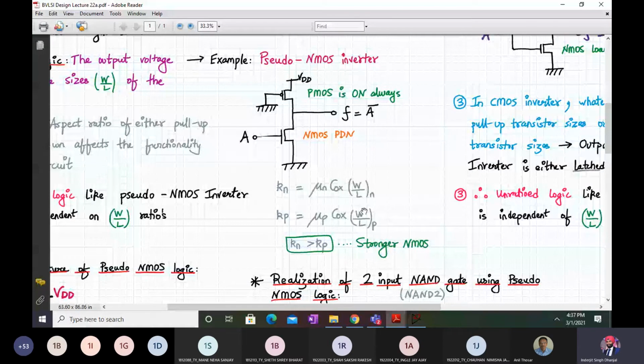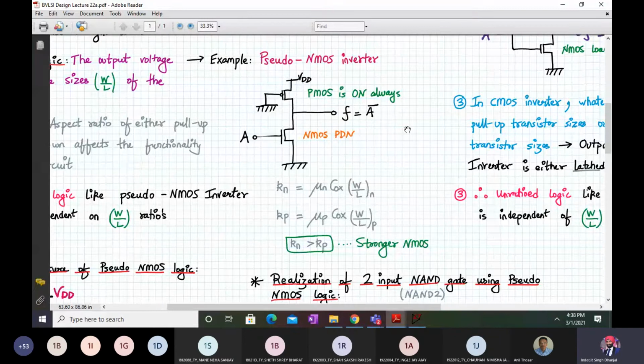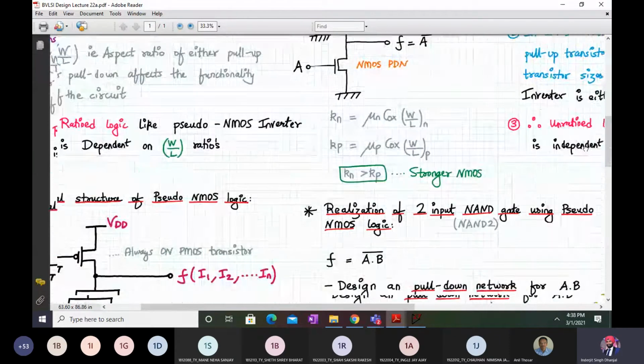Since mu and Cox are constant, your Kn and Kp are heavily dependent upon the aspect ratios or the W by L ratios of the individual transistors. Okay, so we have to keep Kn greater than Kp. That means we have to make NMOS stronger than PMOS. Okay, we will see how that happens.